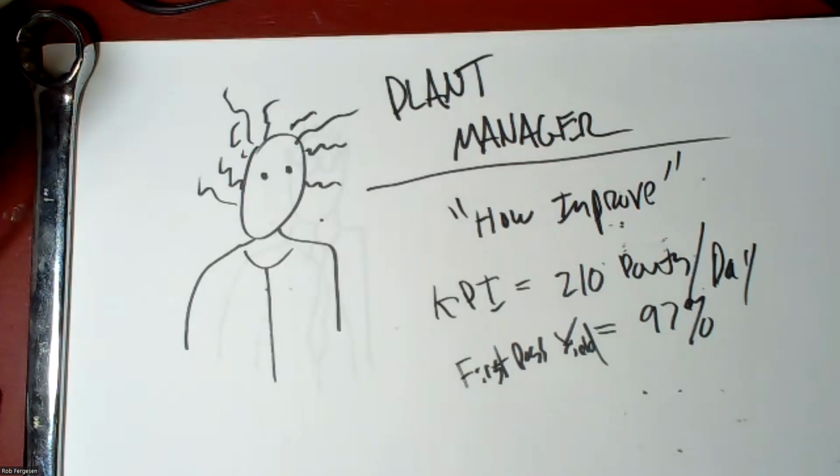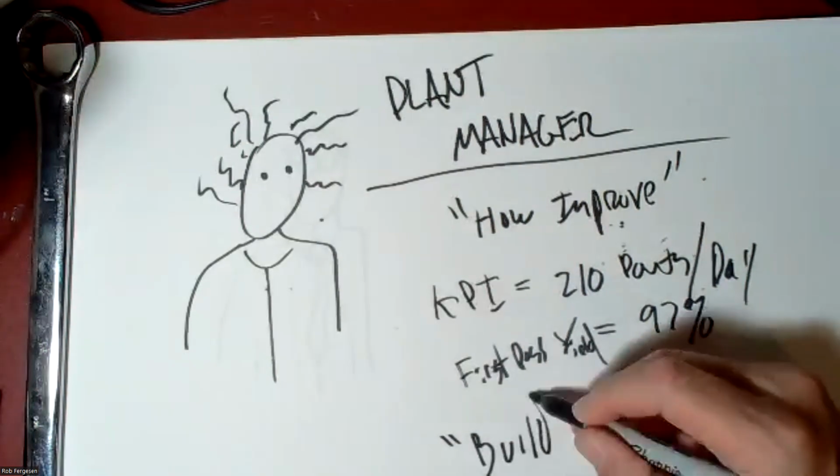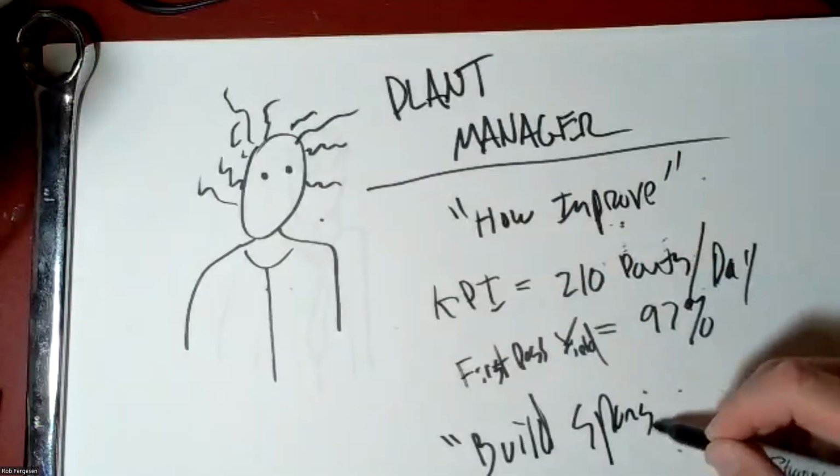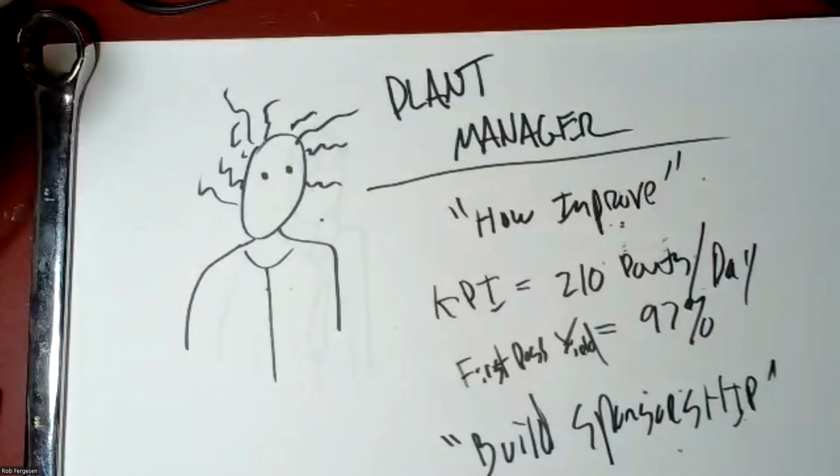But not necessarily important for the value stream map. It might be important because you're going to be building a sponsor. So we're going to build sponsorship. So when you go out and say, I want to spend $50,000 on a robot, that plant manager is going to be like, high five, let's do it.